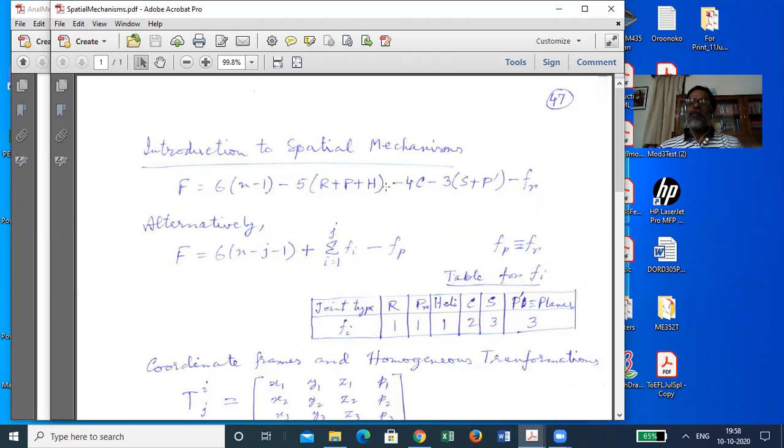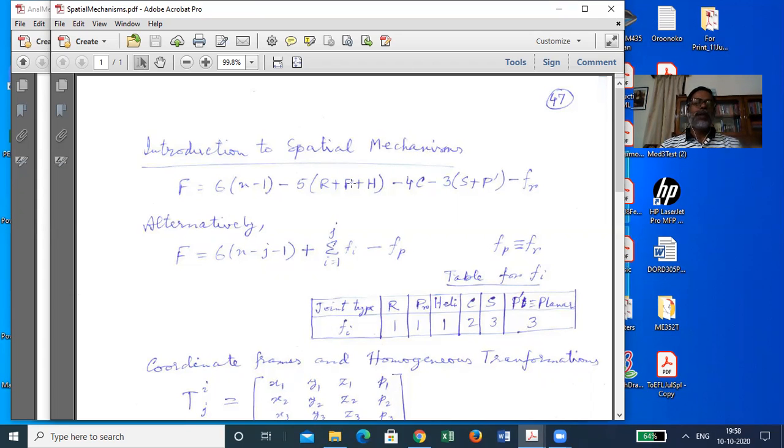Beyond all this, if there are some passive freedoms, which do not contribute to the input-output relationship, where just one segment of the mechanism is executing some motion freely, uncontrolled, without any crosstalk with the input-output relationships, then such passive freedoms also you have to remove, and this turns out to be the degrees of freedom of the mechanism.